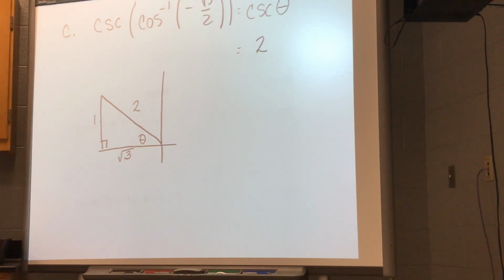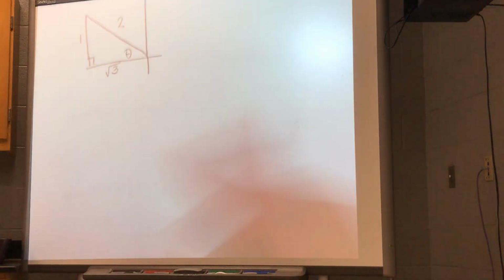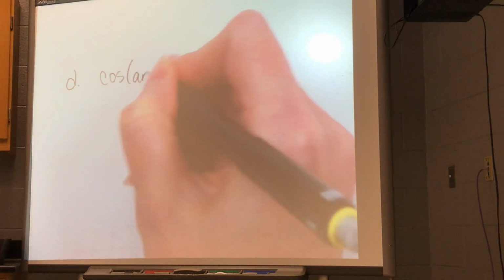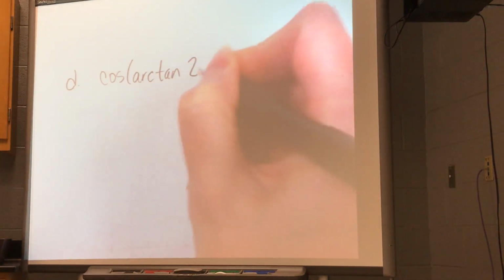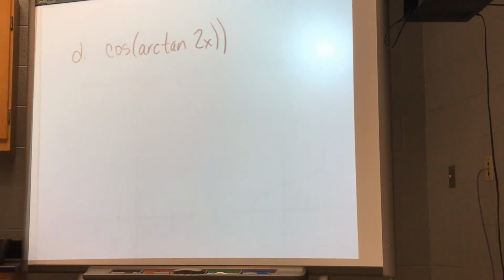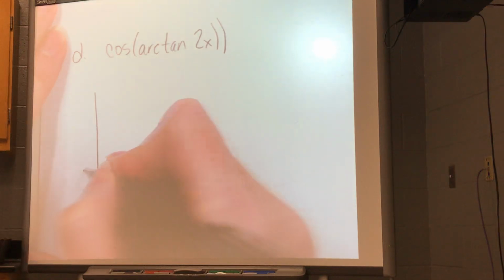All right, any questions on those before we move on to some that are a little weird because they're going to have x's as your side lengths, and so it makes it a little more challenging. Okay, let's look at D. We're going to have the cosine of the arc tangent of 2x. Now these ones that involve x, we just go ahead and draw them in quadrant 1.